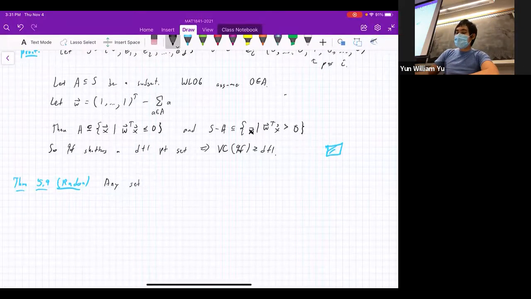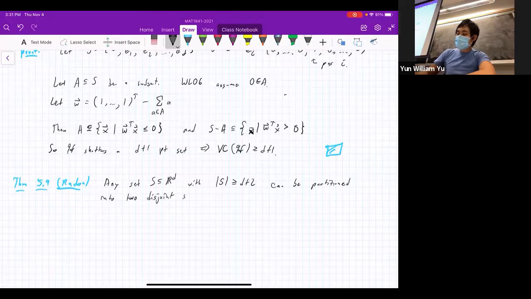If you have any set S contained in R to the d with the size of S at least d plus 2, it can be partitioned into two disjoint subsets A and B, such that the convex hull of A intersects the convex hull of B.